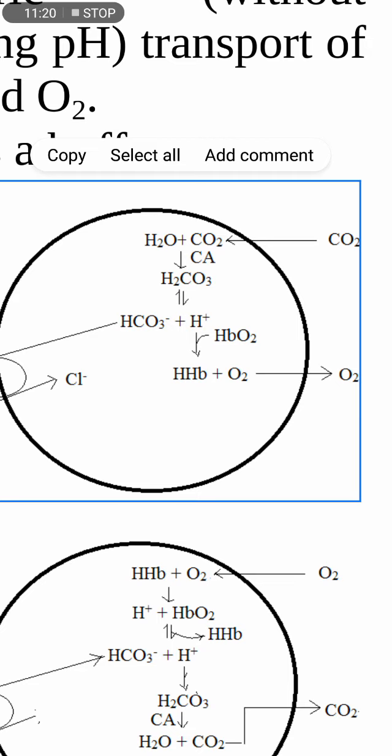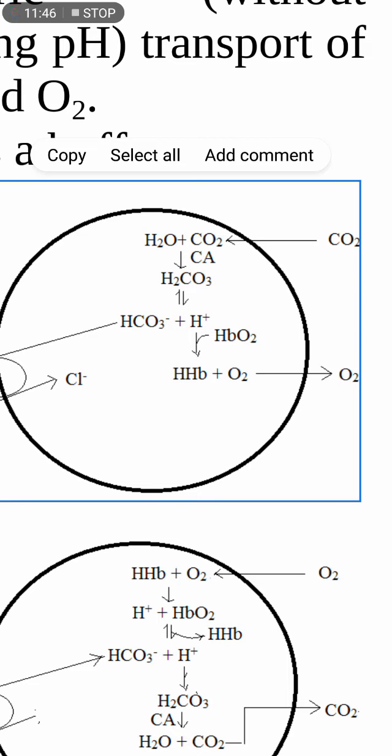Then this carbon dioxide diffuses from the tissue to the RBC and enters into the RBC. Next, this carbon dioxide joins with water to form carbonic acid by a particular enzyme present within the RBC, a zinc-containing enzyme, that is carbonic anhydrase.